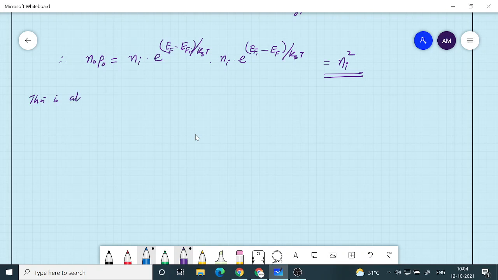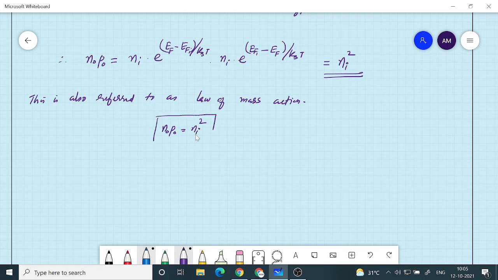This is also referred to as the law of mass action. So under the Boltzmann approximation we have just proved that N0 into P0 is equal to Ni square.